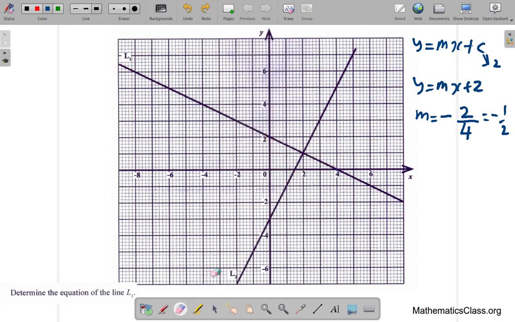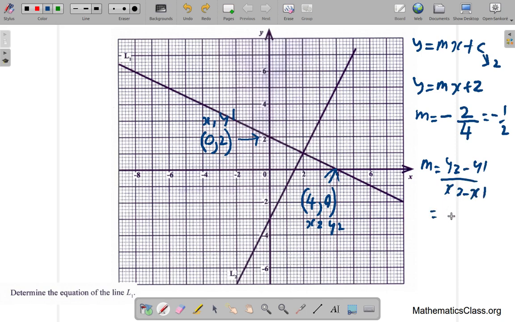Another thing you could do is to say at this point you have the coordinates x is 0, y is 2, and at this point you have coordinates x is 4, y is 0. If you call this point 1, this would be x1 and y1. If you call this point 2, this would be x2 and y2. So you could use the formula y2 minus y1 over x2 minus x1.